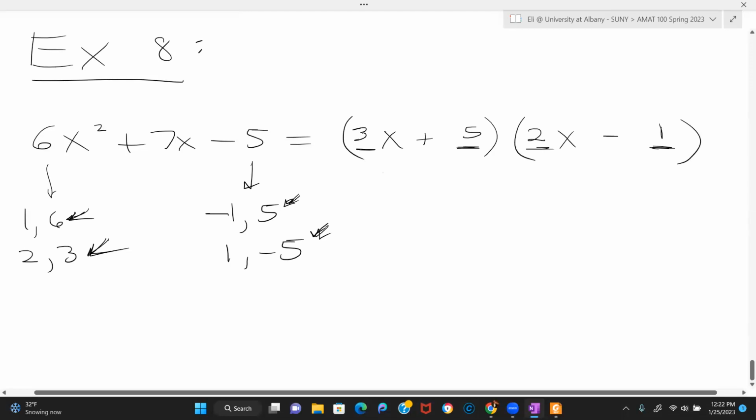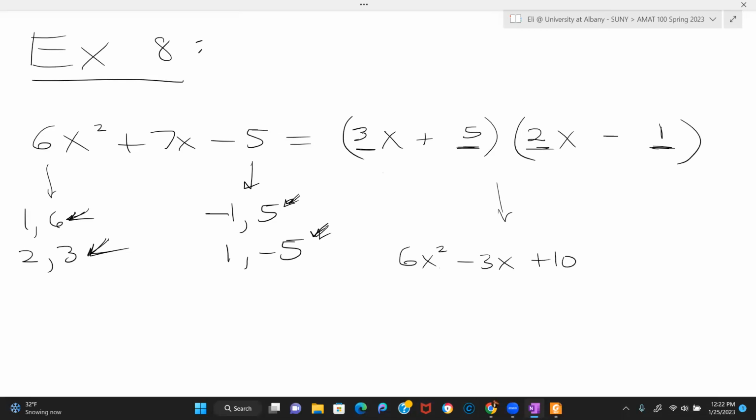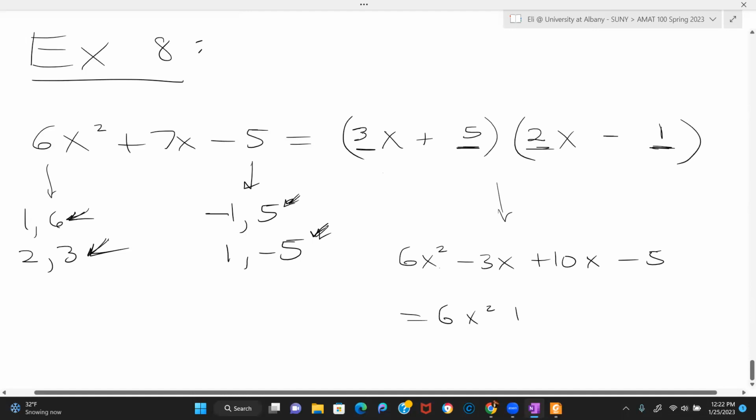And you can see that if you FOIL this through, you get 6x squared, then you get -3x, and then you get +10x, and then you get -5. And you can see that this was the right choice.